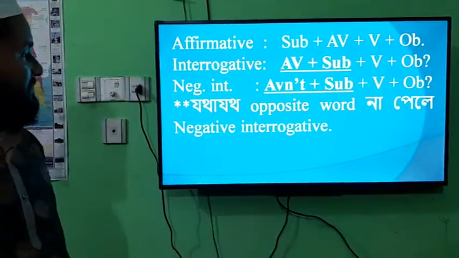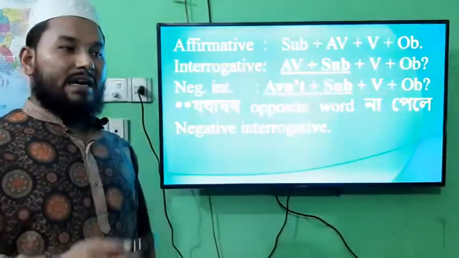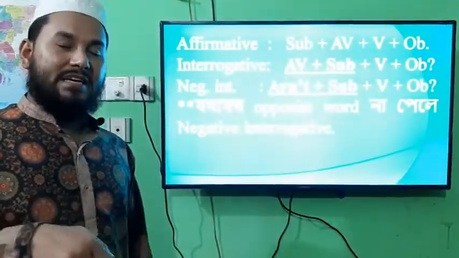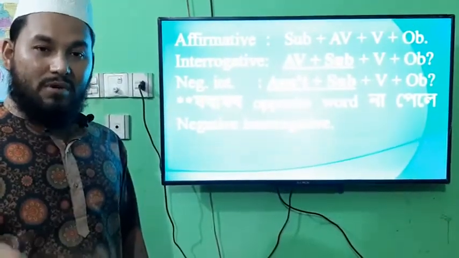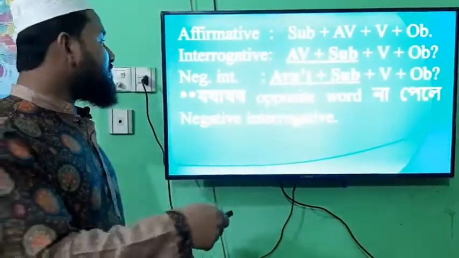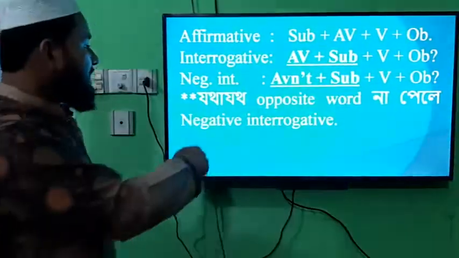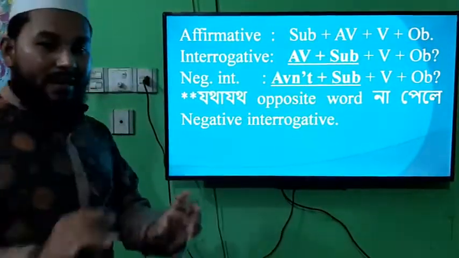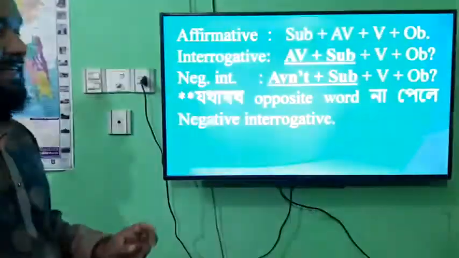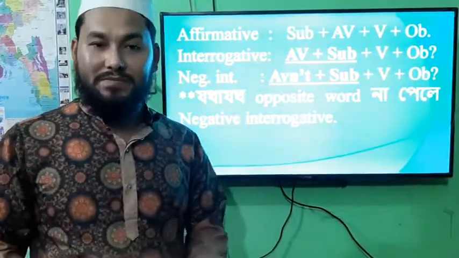Okay. Why I explain it, you will get clear from this sentence. Negative interrogative. Actually, I discussed the interrogative structure here for what? Because we need to know how to make negative interrogative. Why? Because if we don't get a proper opposite word, that time we have to make negative interrogative.